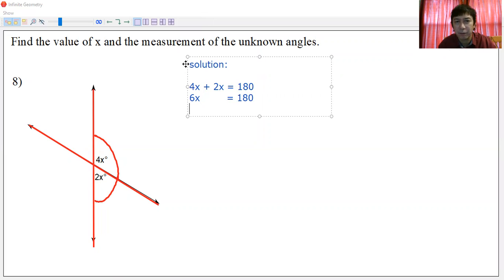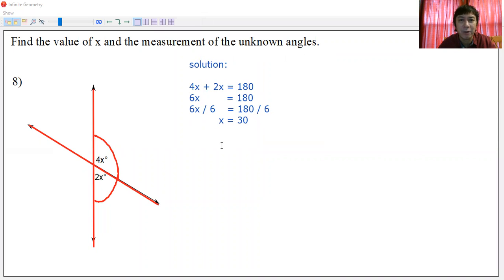At this point you can divide. 6x divided by 6 is equal to 180 also divided by 6. The left side will just be x, and 180 divided by 6 is 30. That's the value of our x. x is equal to 30.